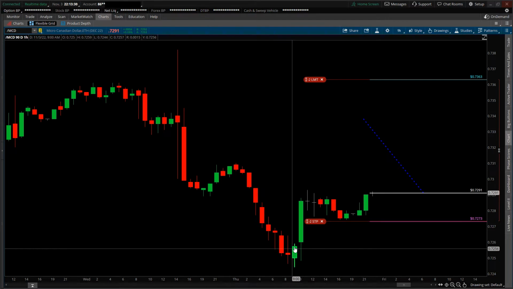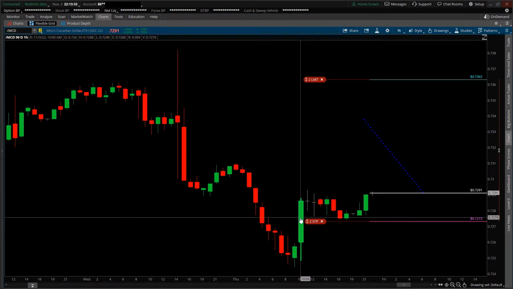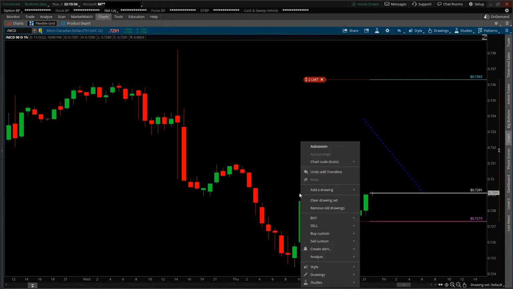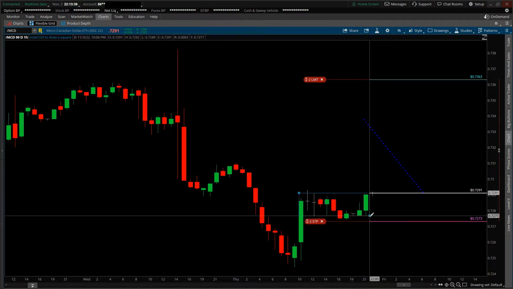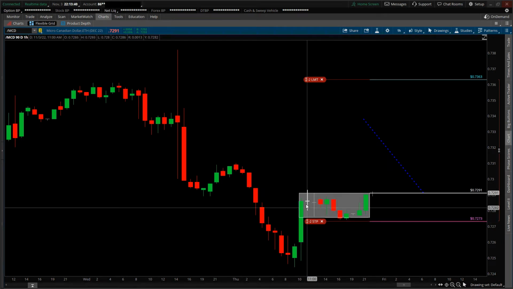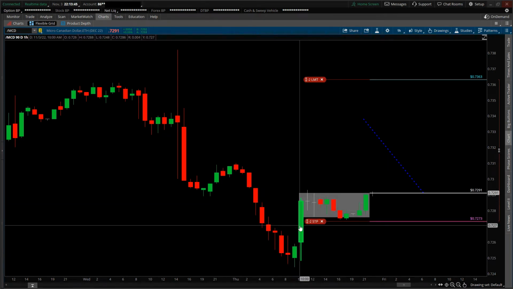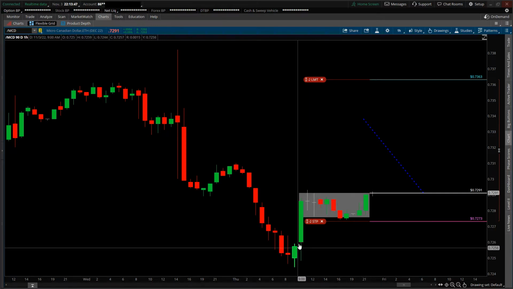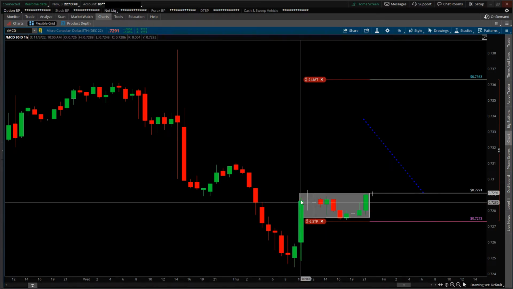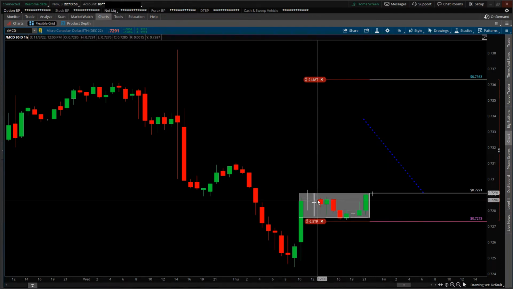We can see that there was a strong move towards the upside this morning, and since then price has just been ranging sideways. Looking at this pattern, traders would see a flagpole, because these two green candlesticks form the flagpole, and this is the flag pattern.